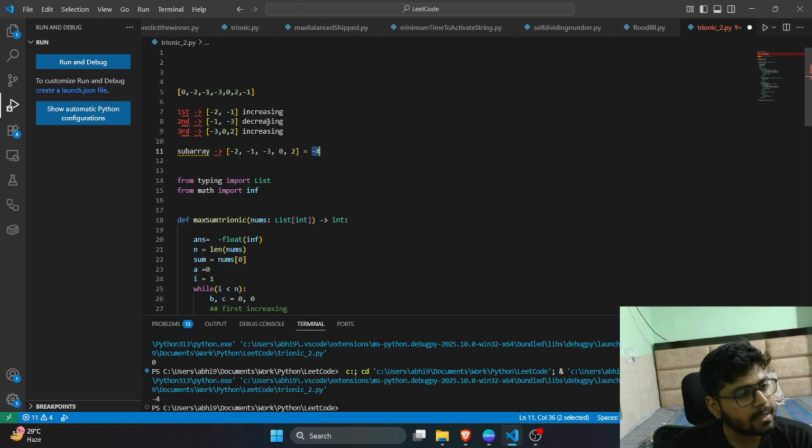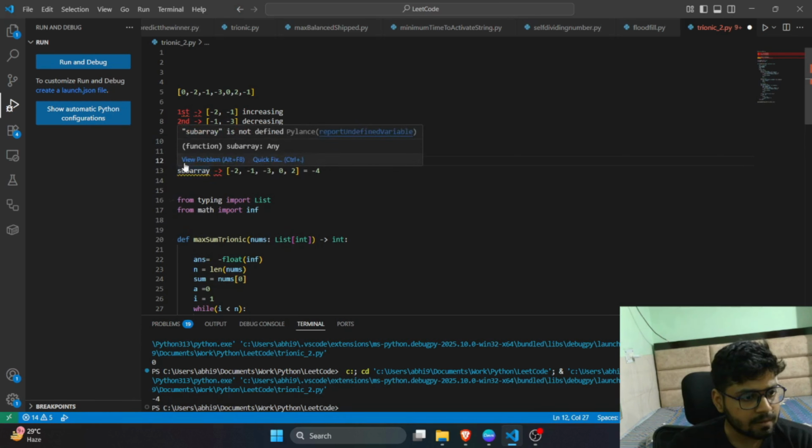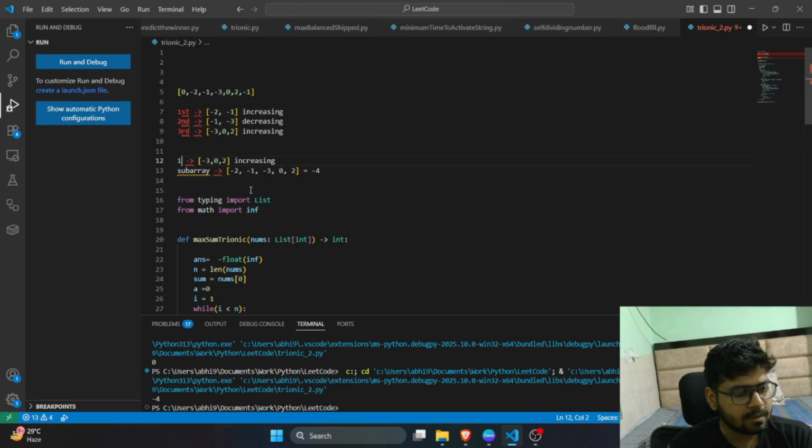Then after that, we can check for another subarray that follows the same instructions. But as you can see, if we consider this third part as a first subarray, then we check from here onward whether it is decreasing or not. Yes, it's decreasing, 2 to -1.